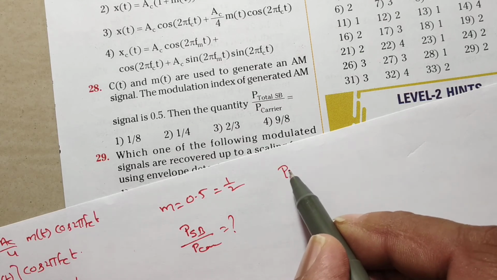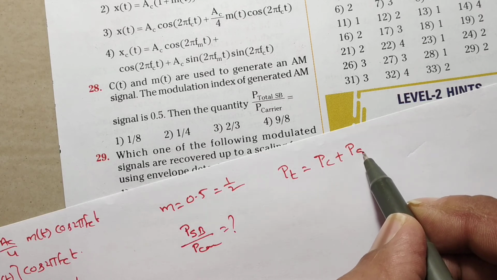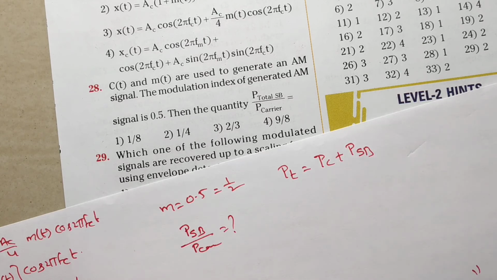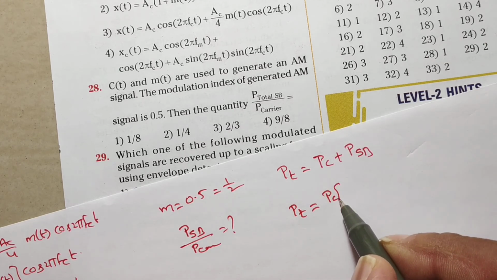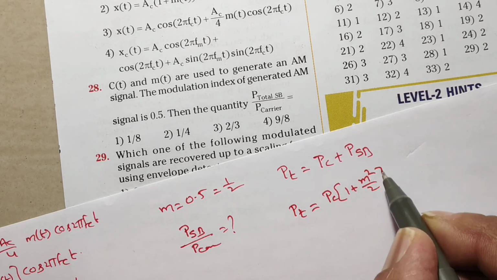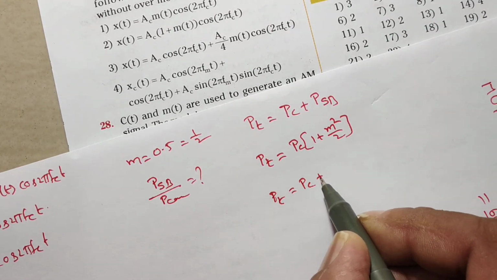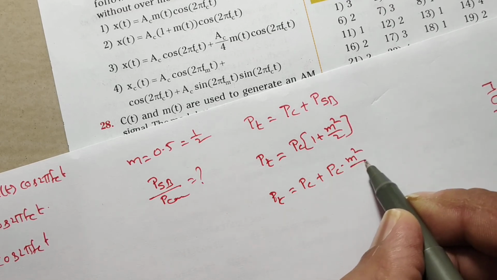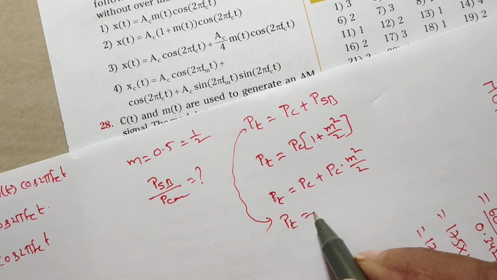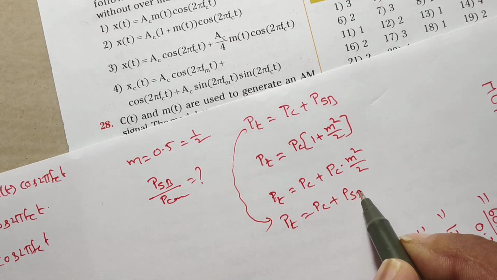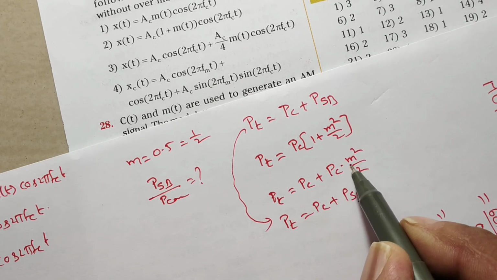We know that total power is the carrier power plus the total sideband power. And till now we have discussed PT equal to PC into 1 plus m square by 2. So PT we can write as PC plus PC into m square by 2. Comparing with PT equal to PC plus PSB, PSB means PC into m square by 2.